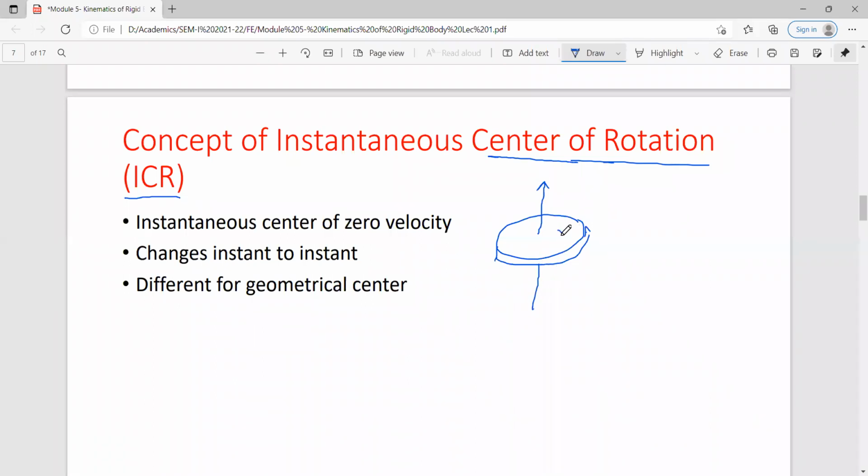We assume that this disc is rotating about a point which is located in the disc. It is not lying outside. So in that case, this particular point is known as the center of rotation.